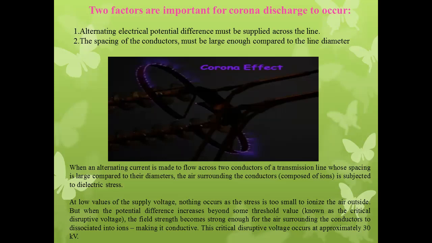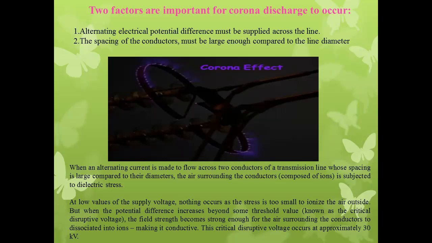Free electrons or ions accelerate from higher potential to lower potential, and during acceleration these charged particles collide with each other and rapidly produce a large number of free electrons or free ions.